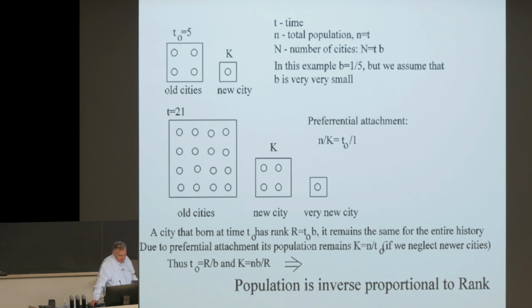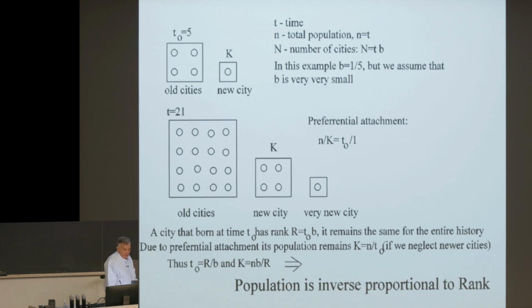And also, of course, the population of a city which was created at a certain time t is inversely proportional to this time, and thus the two properties, rank and size, can be related by a very simple formula: population is inversely proportional to rank. So this is a very elementary model which works pretty well.